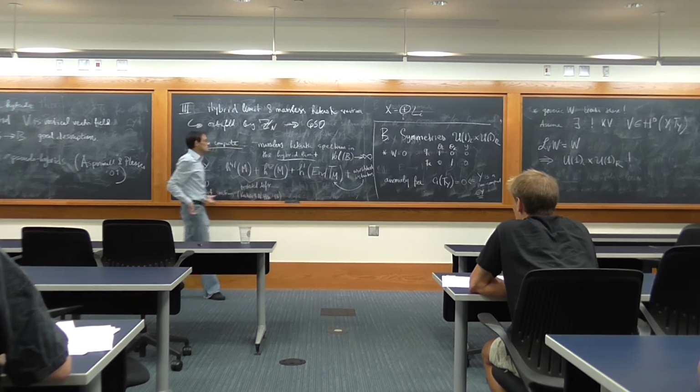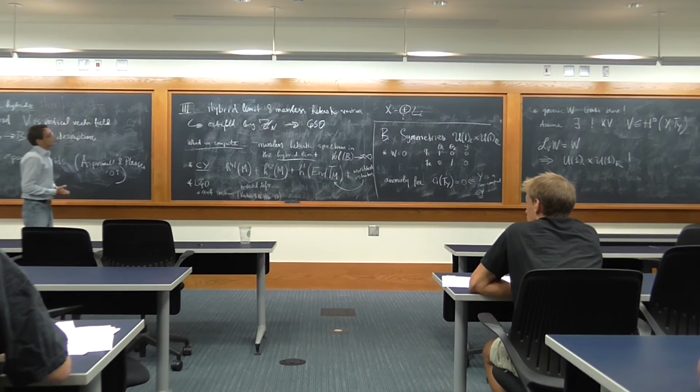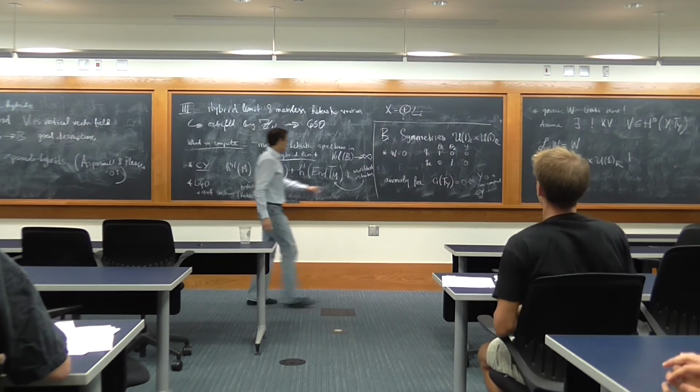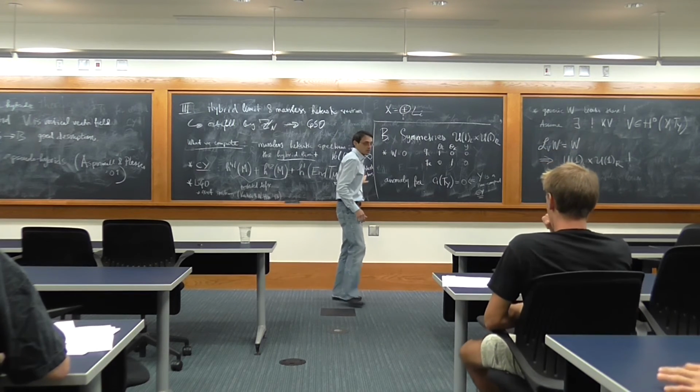So that's one very specific application of this kind of technology. And more generally, you can think of it as a very nice laboratory for understanding these worldsheet instanton corrections.